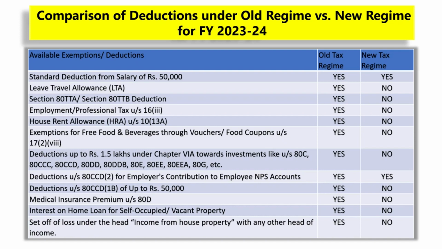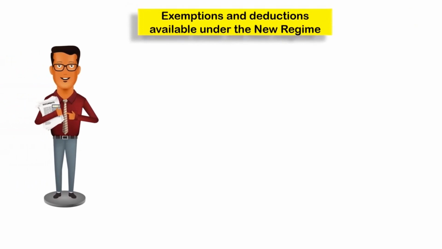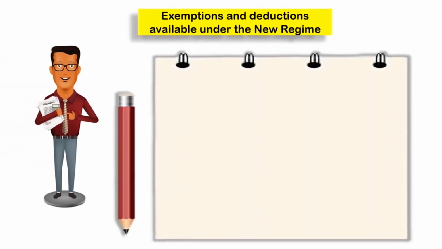However, if you compare it with the new tax regime, in the new tax regime, only standard deduction from salary up to Rs 50,000 is available, along with deductions under Section 80CCD(2) for employers' contribution to employees' NPS account. Along with this, under the new tax regime, there are some more exemptions and deductions which are available.